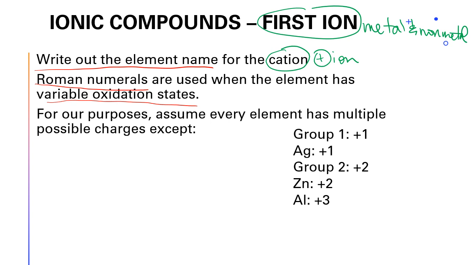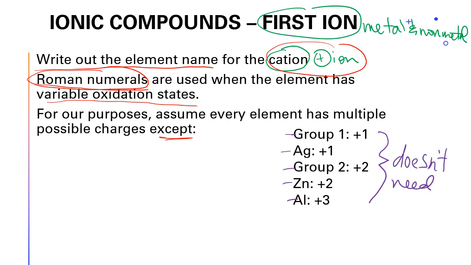That means every cation gets a Roman numeral except, and here are our exceptions, group 1 and silver are both +1, group 2 and zinc are both +2, and aluminum is +3. These are the ones that don't require Roman numerals. Everything else does.